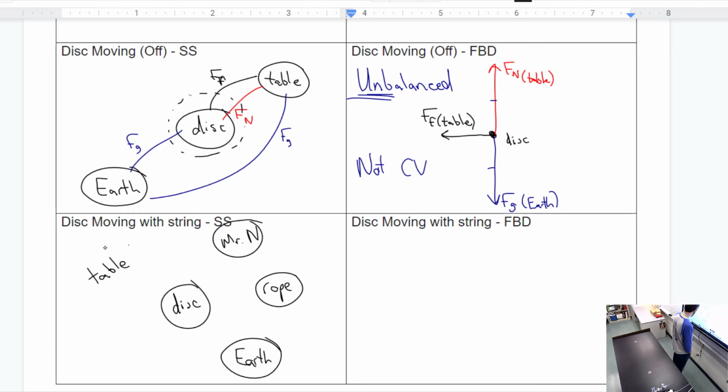Again, the order that you put these doesn't matter. You write down all of your objects. You draw normal forces connecting the objects that are touching, except we have a tension force from me and the rope to the disk. That was the tension force. And then we got force of gravity on everything.